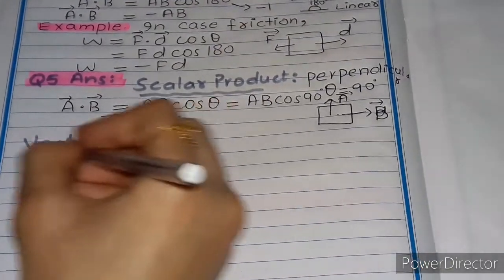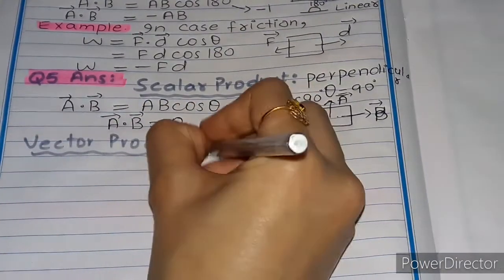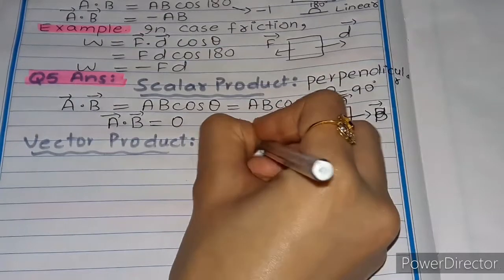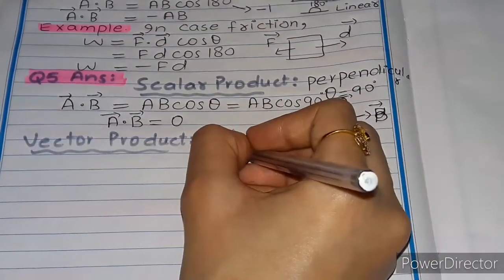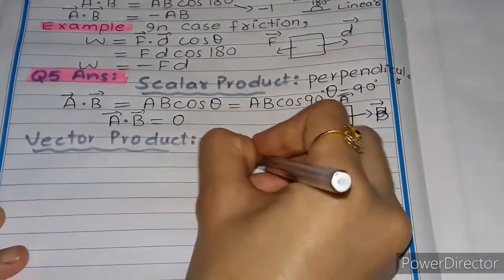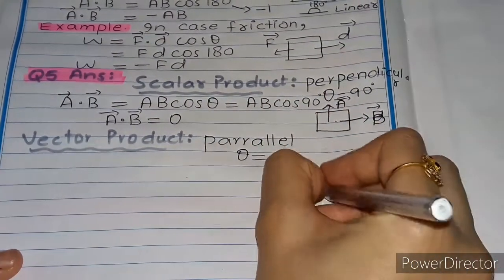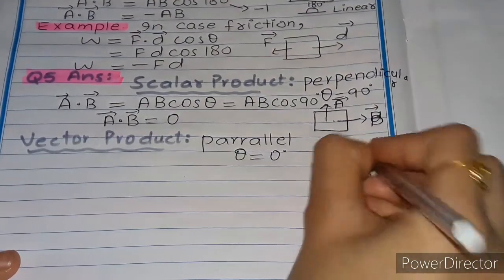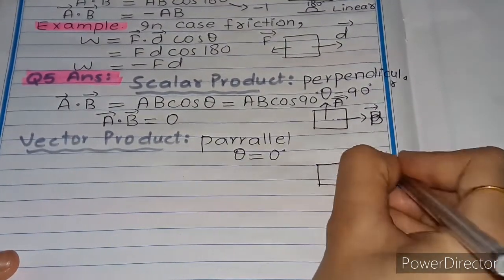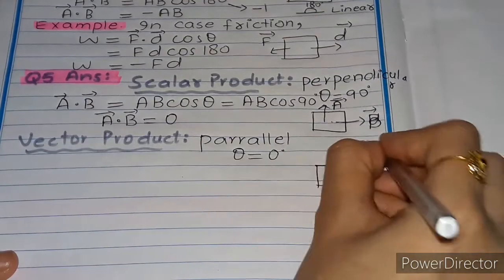Okay, and vector product is 0 when they are parallel to each other, making angle 0 degree. Like if A vector is moving in this direction, then B is also moving in this direction.